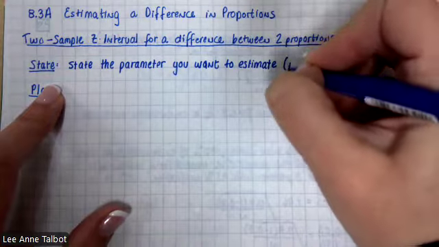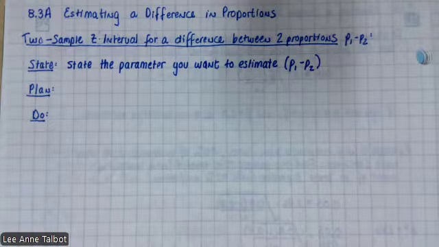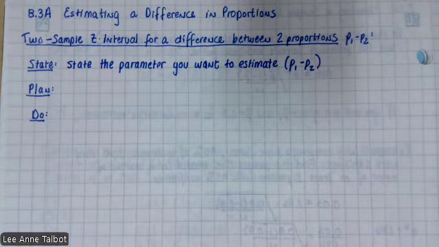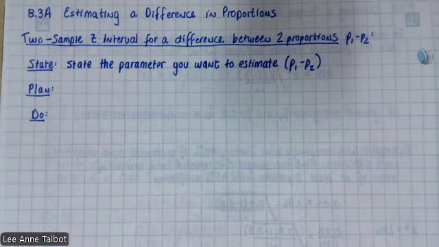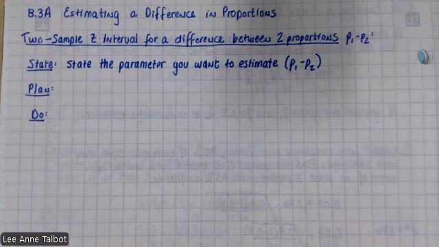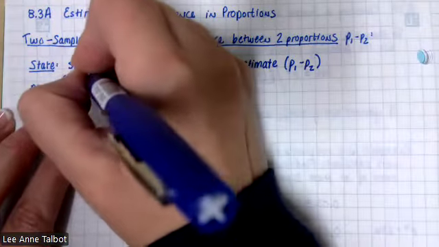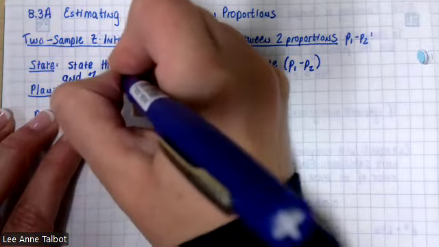In this case, the parameter is going to be a difference in proportions. Because you have two samples, you're going to calculate the difference. You guys know where this lives on the yellow sheet, I'm hoping. And percent confidence.